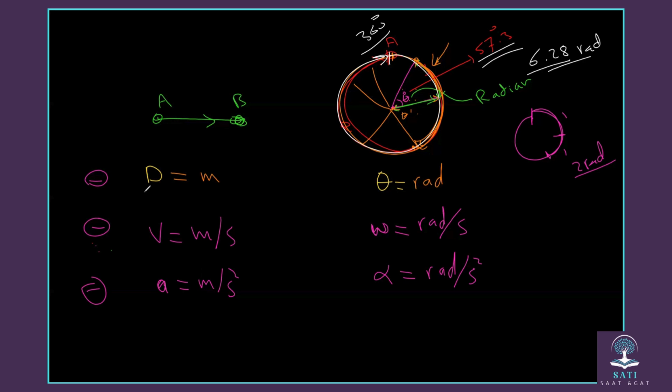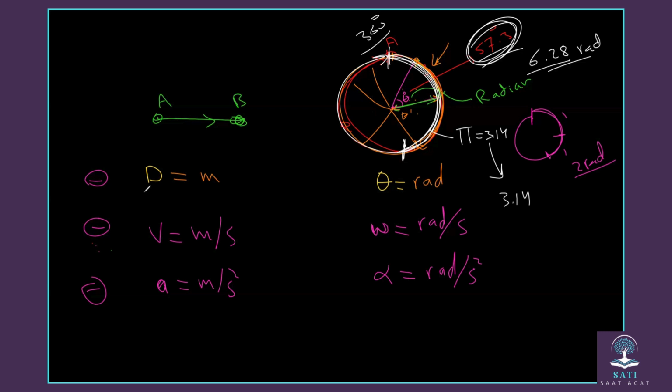Okay, from here to here is 1 pi. What does 1 pi mean? Pi equals 3.14. 3.14 what? 3.14 radian. It means 3 angles like this, 3 of them, plus 0.14 of them.